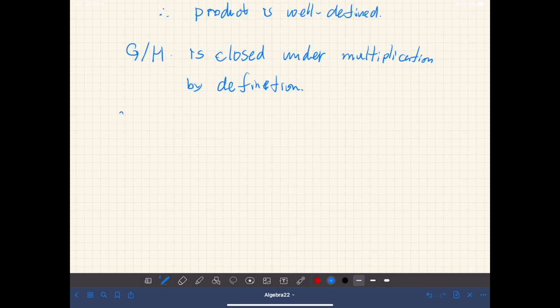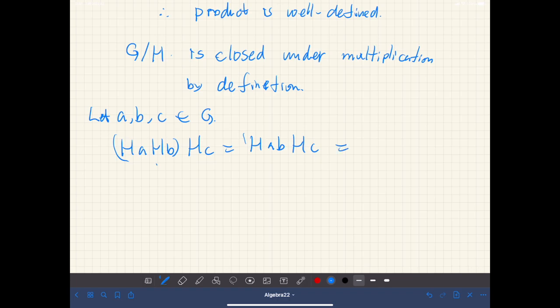Okay, so let's say let A, B, C be elements of G. Then (HA)(HB)(HC) is equal to, so first we calculate this product, HB times HC, which is equal to H(BC).